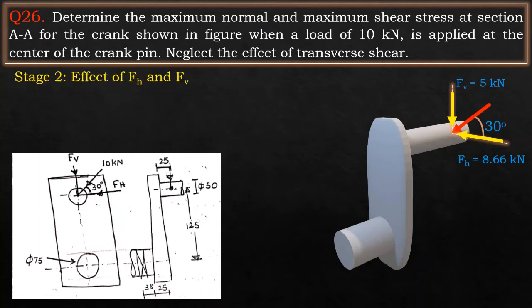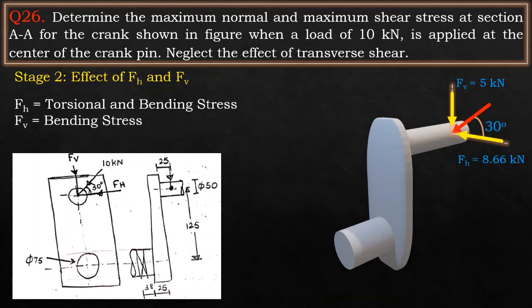Then in the next stage, let us understand the effect of individual components Fh as well as Fv. Fh is mainly responsible for torsion, because if you can understand, if we are holding the cross section at section A, and if we are giving a load of Fh, then because of Fh there are chances that the entire crank will rotate.